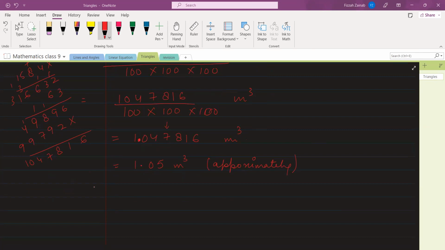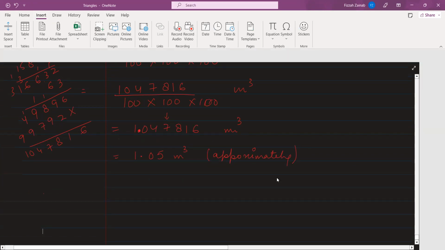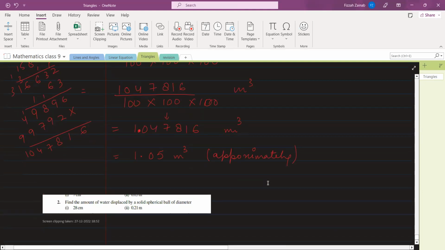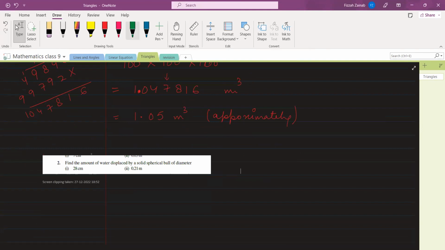All right. Now, question number 2. Find the amount of water displaced by a solid spherical ball of diameter this. So what you have to find here, can you tell me?